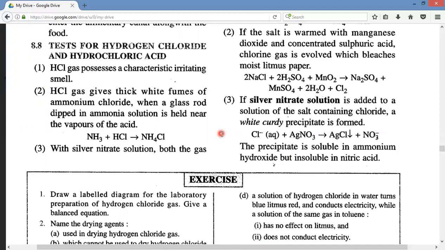Kindly learn them thoroughly by writing and learn all the tests which are present here. Back suction process is important. Preparation of hydrochloric acid, funnel arrangement, the principle, all things are very important. Kindly learn it thoroughly. Thank you and have a nice day.